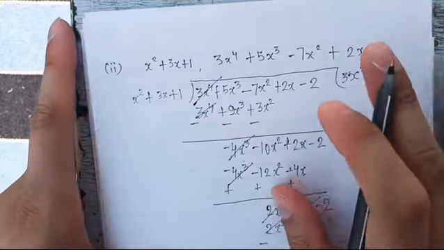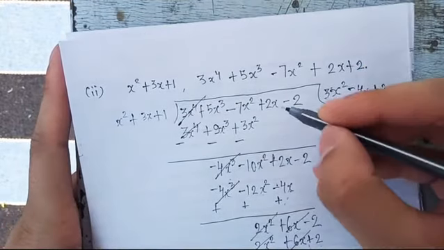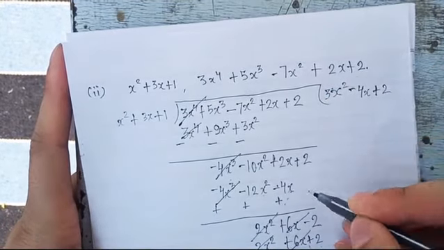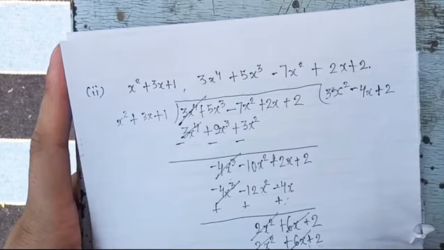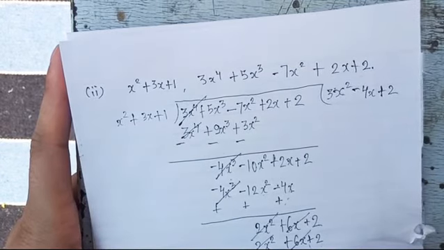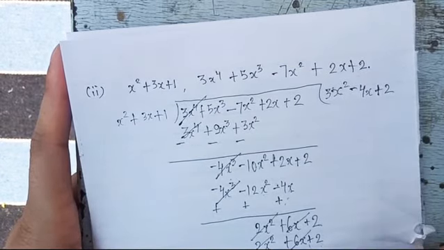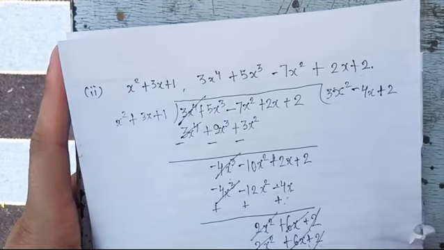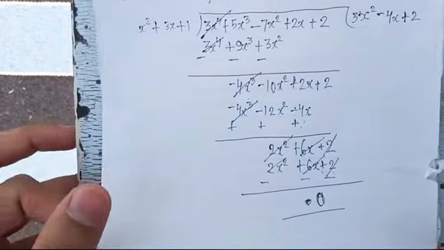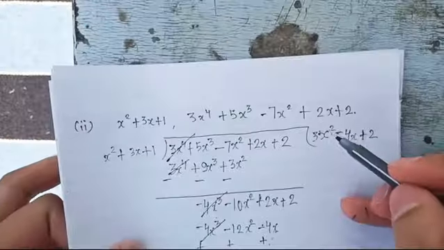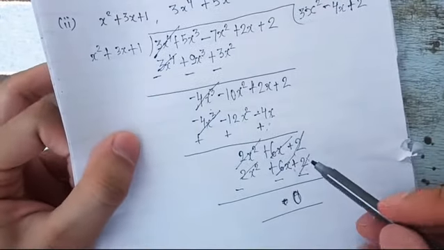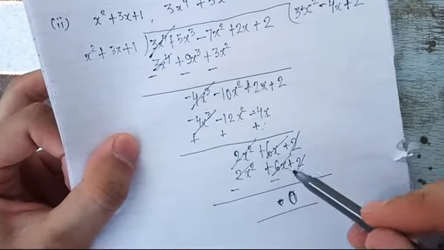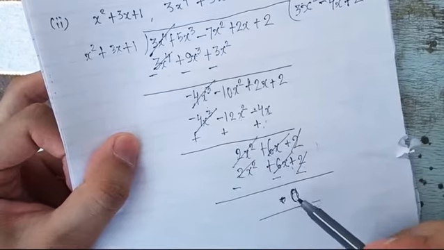One more thing, here plus 2 was written, so here the plus sign will come. Everywhere plus sign, so they will also cancel out and you will get the remainder as 0.